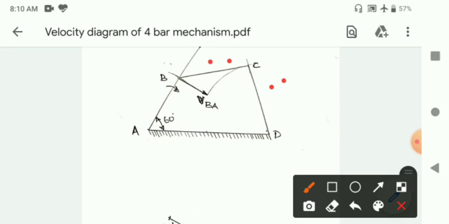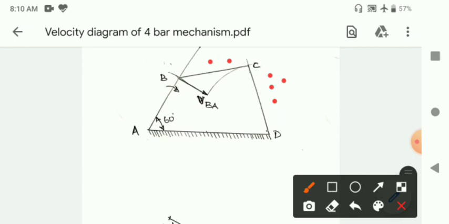So it is easier for us to analyze or find the velocity of that output link CD because it is having pure rotational motion. We will consider link CD.